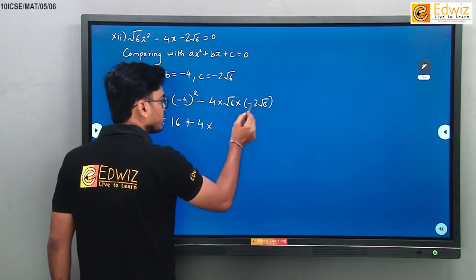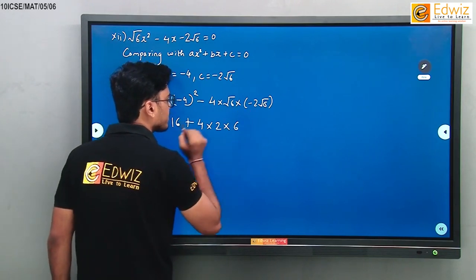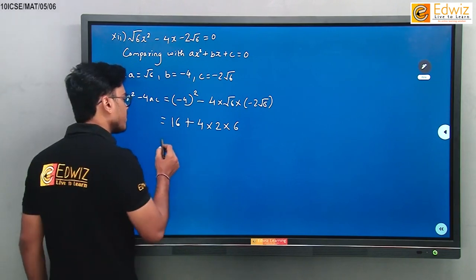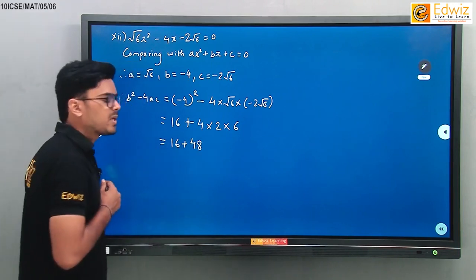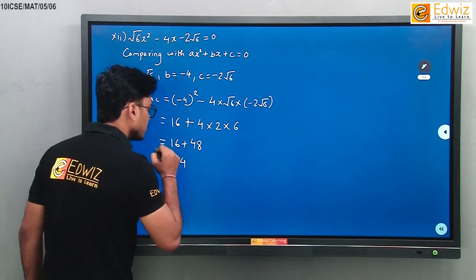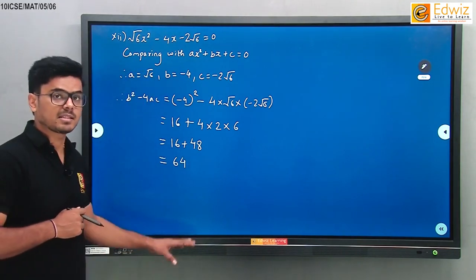I'll write this 2 as it is. Correct? Root 6 into root 6 will become positive 6. So 4 into 2 into 6, this is what we are getting. So 16 plus 48. 16 plus 48 is how much? 64. Correct? As you can see, we are getting a perfect square, 64.